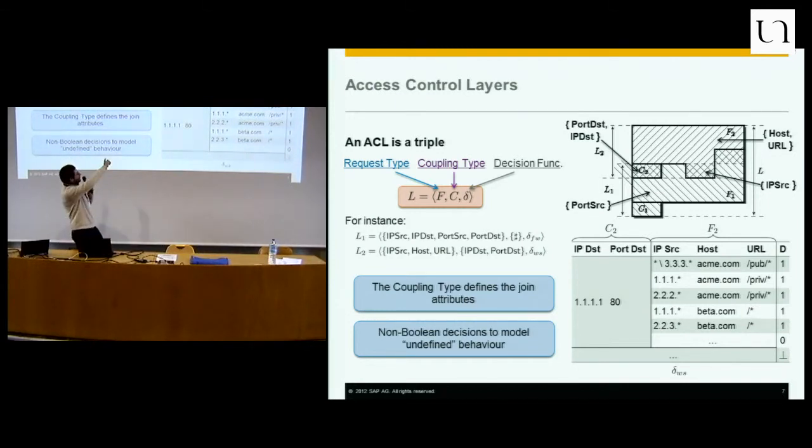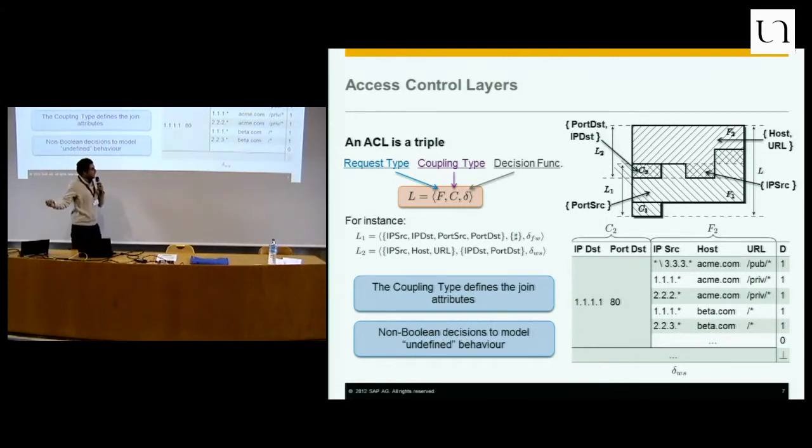So you see that the coupling type for web servers is this pair of fields, IP dest and port dest. So the idea is that a particular web server is running on a particular pair, IP and port, and this identifies this particular web server within the entire layer uniquely. And then corresponding to this pair, you have its policy on the right.